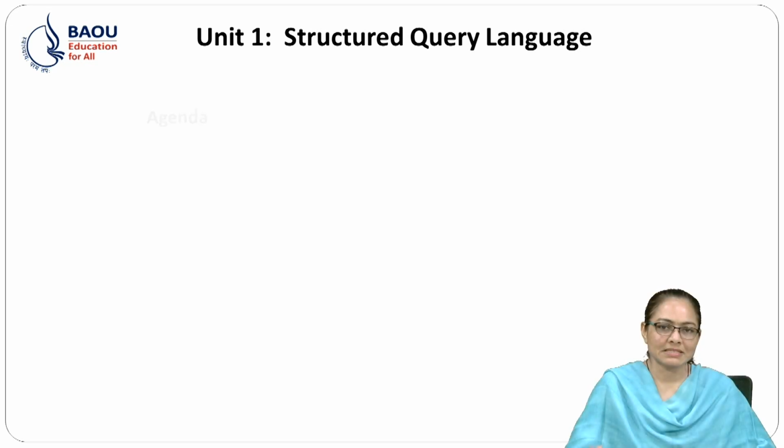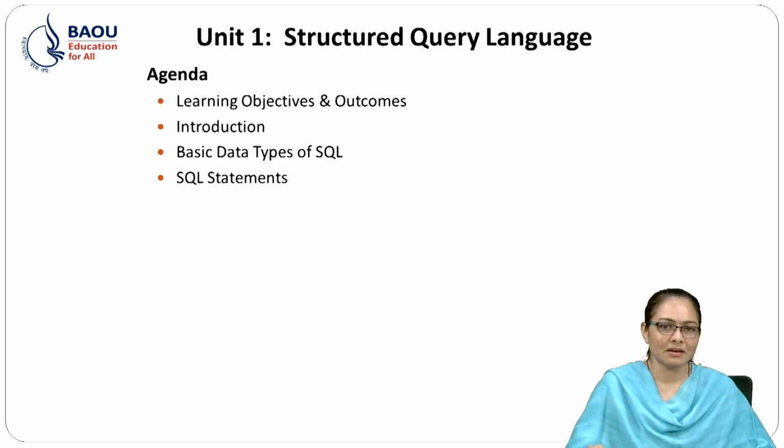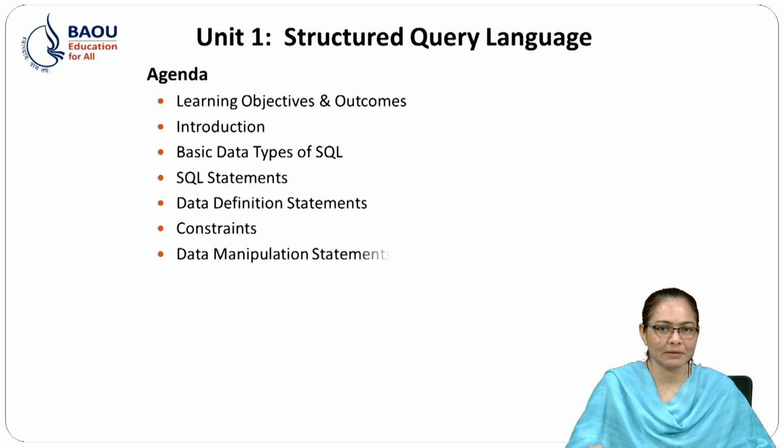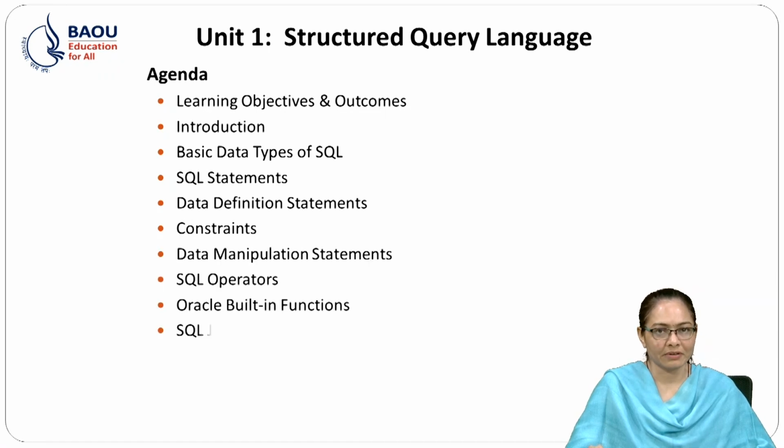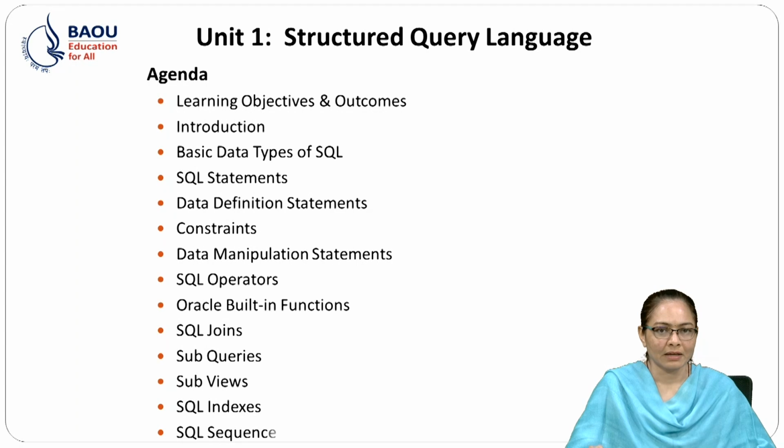First of all, we see the agenda of Unit-1: learning objectives and outcomes, introduction, basic data types of SQL, SQL statement, SQL data definition statement, data constraint, data manipulation statements, SQL operators, Oracle built-in functions, SQL joins, SQL subqueries, SQL views, SQL index, and SQL sequence.